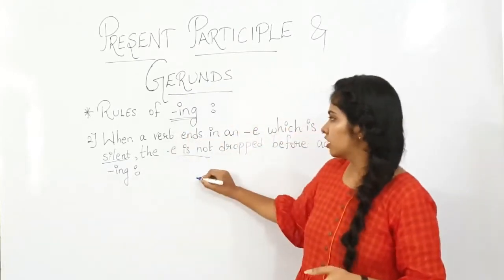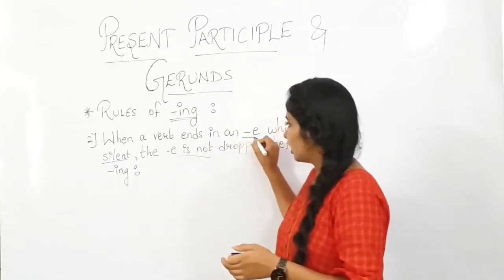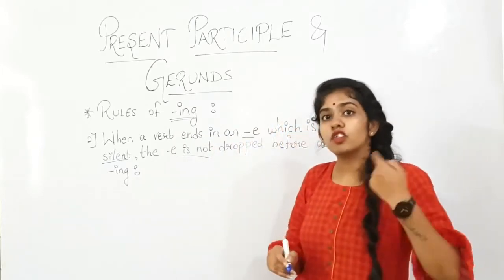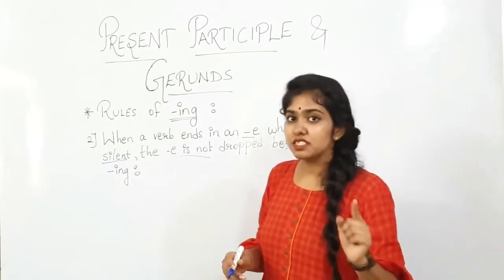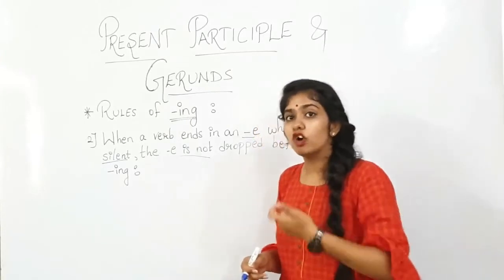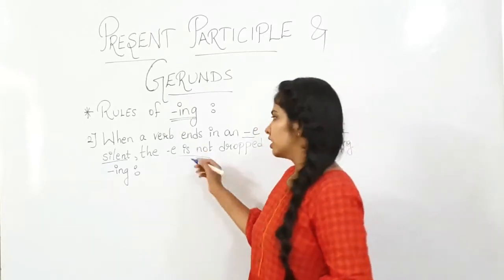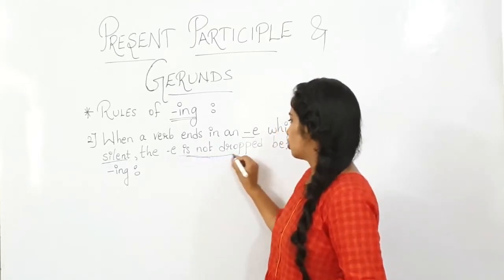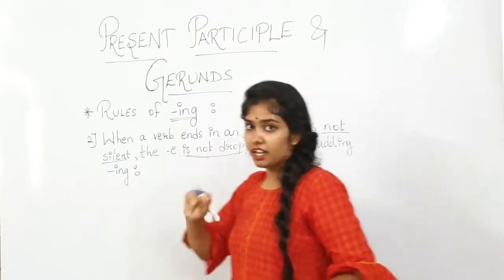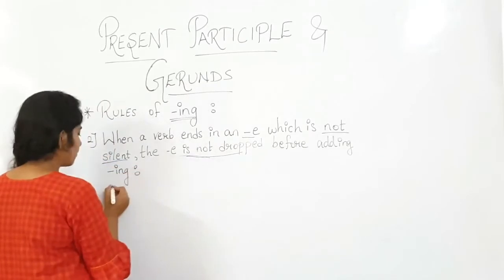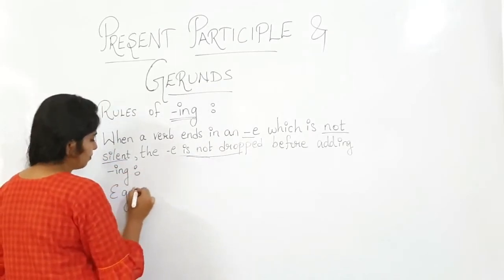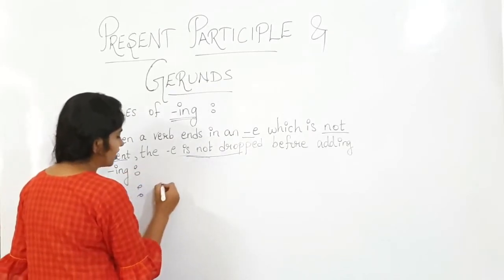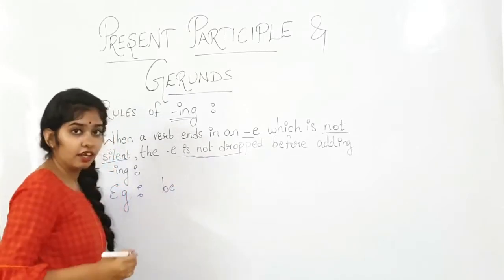But over here when the word is ending with E but the sound of that E is not silent, means हम E का sound जो है वो हम pronounce करते हैं, then the E is not dropped out before adding ing.